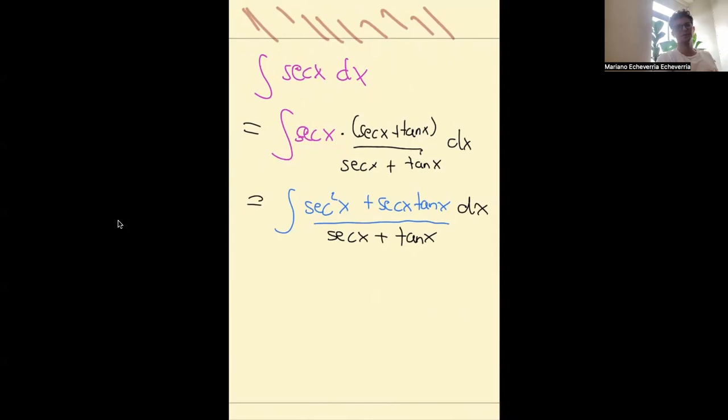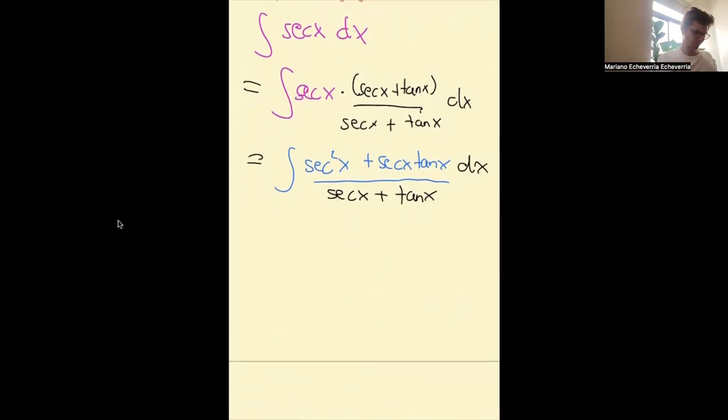What could be a useful substitution in this problem? You can make u the denominator, which is tangent plus secant or secant plus tangent.